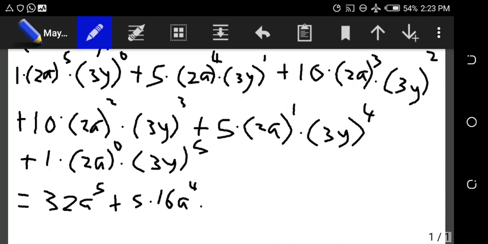Then we have here 3y raised to power 1, that would still give us 3y. Alright, plus we'll go over to the next one here.